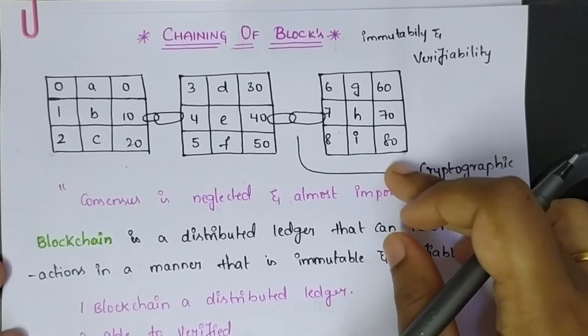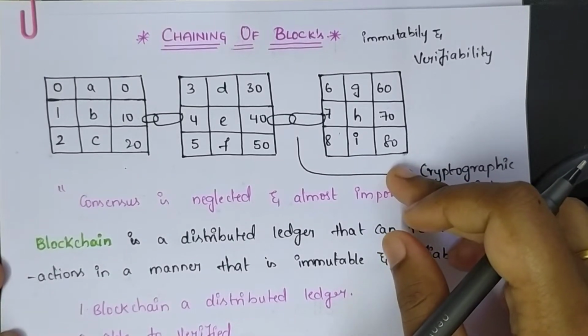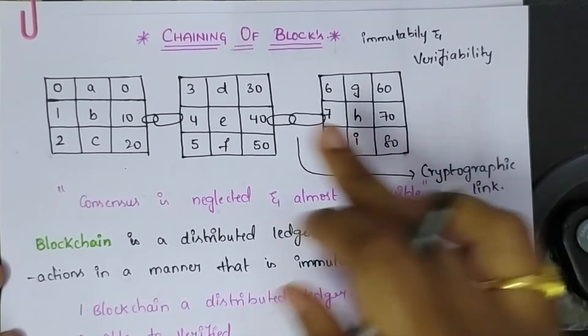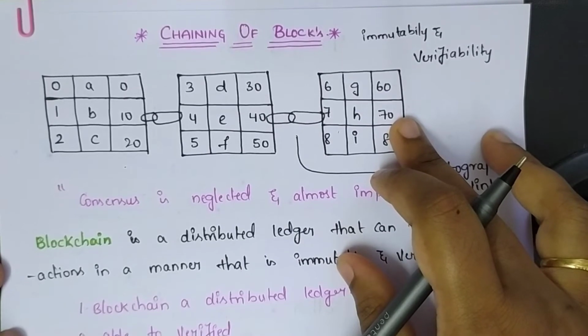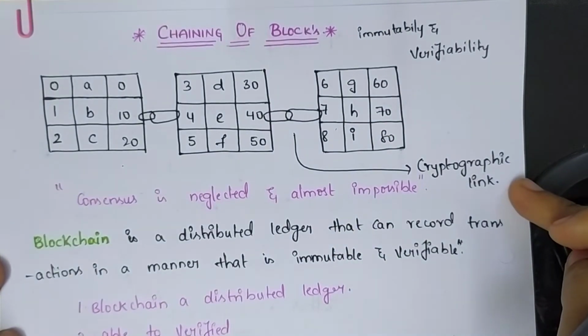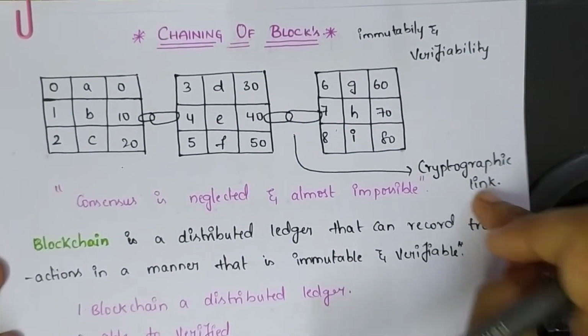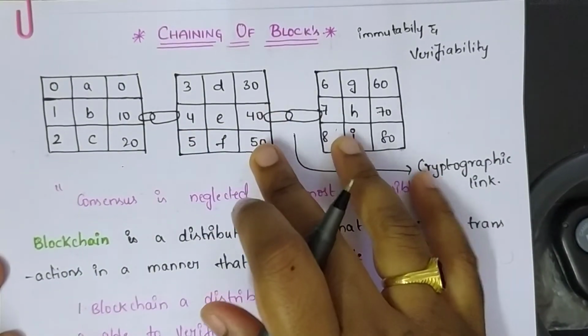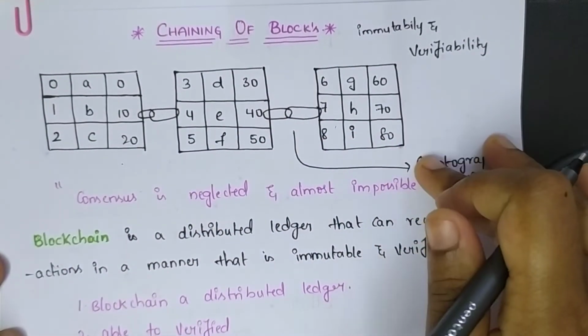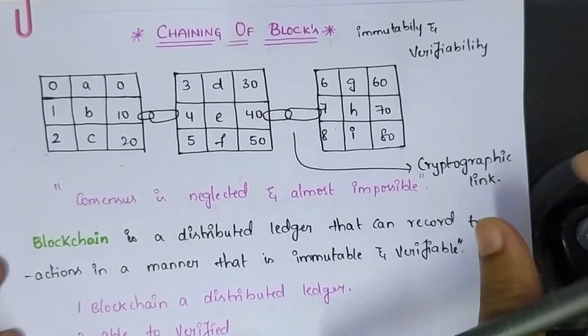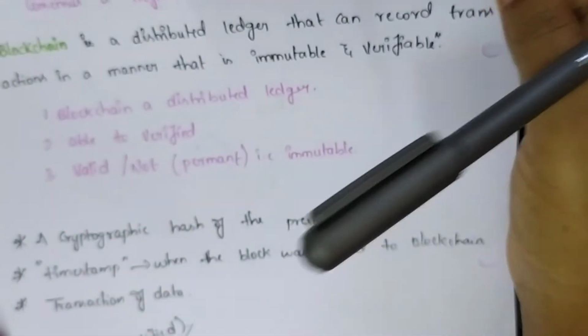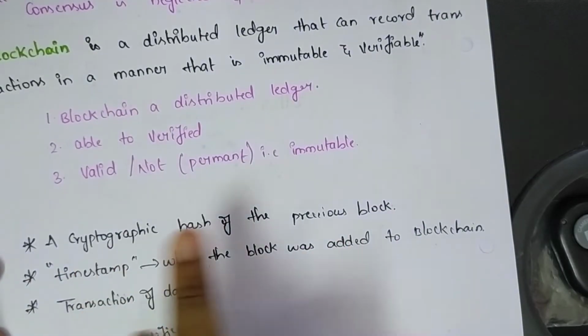Now by looking at this diagram, tell me how exactly you can define the relationship between these adjacent blocks. And the answer for that is a cryptographic link. This link is present between adjacent blocks so that each block in a blockchain is included using this link. What it defines is a cryptographic hash of the previous block.